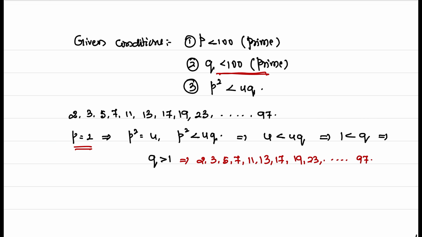That means if P is equal to 2, Q is equal to all the primes up to 100. This number comes to 25 pairs, 25 numbers, 25 primes. Please try to understand this.